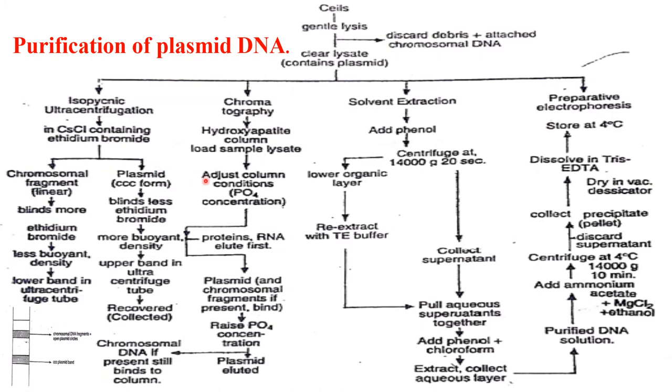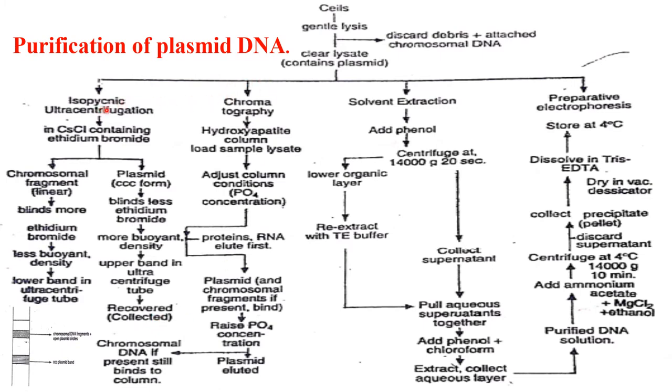Whereas plasmid DNA will bind less to the ethidium bromide, giving more band density, and form the upper band in the ultracentrifuge tube. The upper band is recovered and collected, and from this the plasmid will be collected.